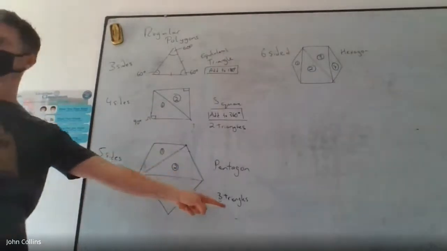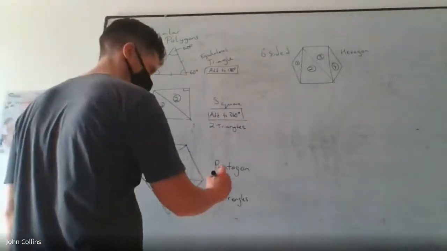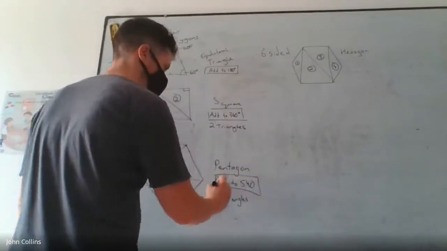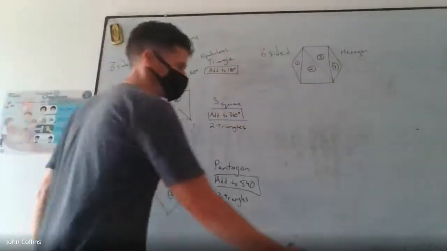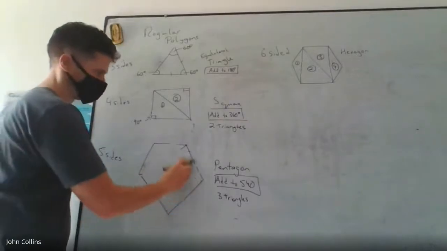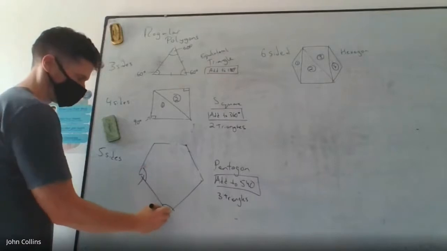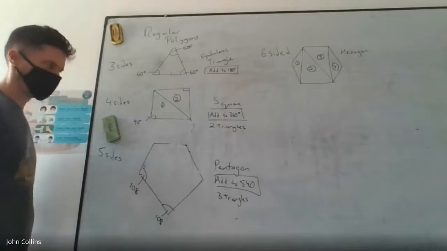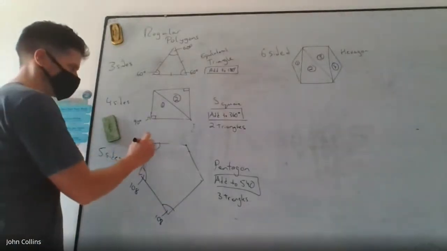How many degrees in 3 triangles? 540. If they all add to 540, divide by 5, because there's 5 angles. So each angle in a regular pentagon is 108.